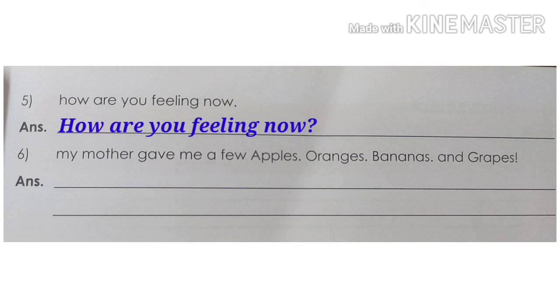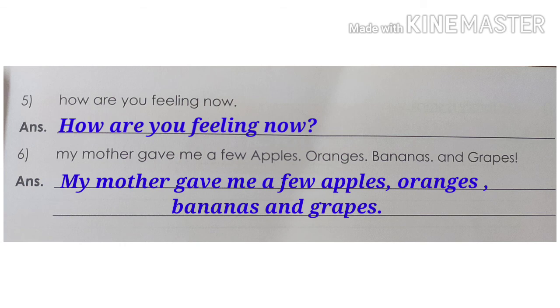Then the sixth sentence: my mother gave me a few apples oranges bananas and grapes. So now we have to write: My mother gave me a few apples, comma, oranges, comma, bananas and grapes, full stop. So you have to complete this exercise like this, okay?